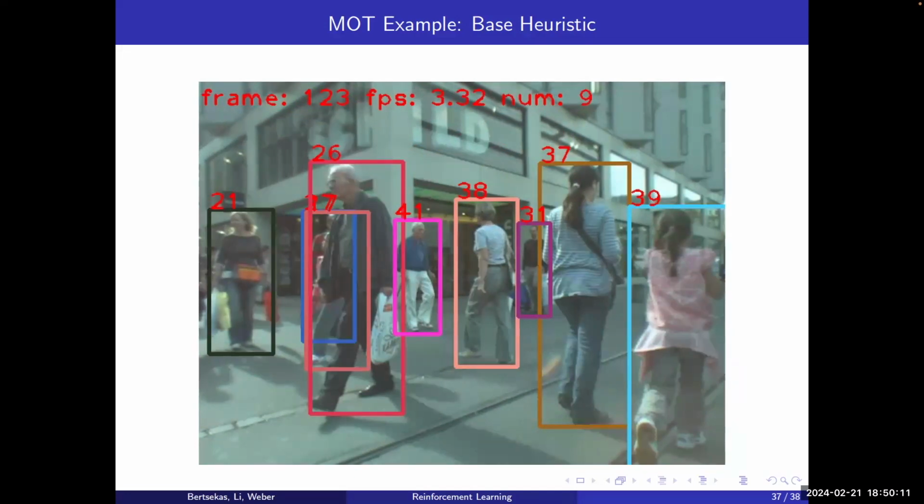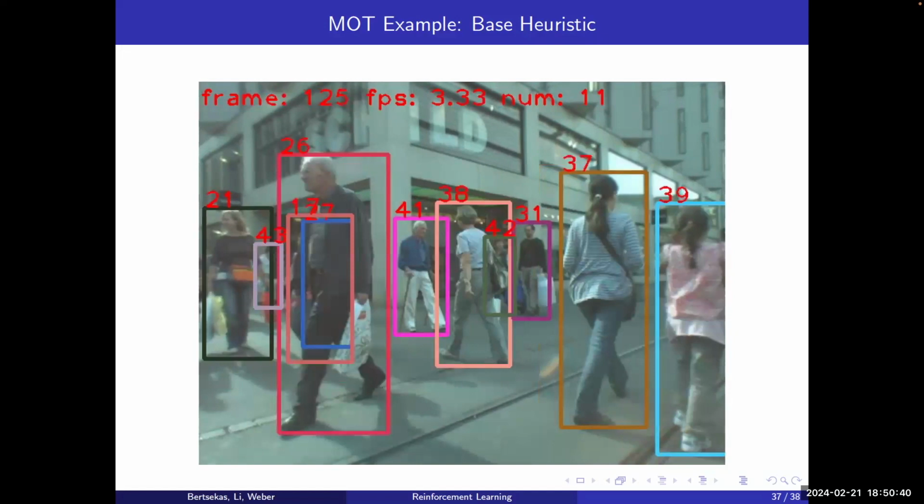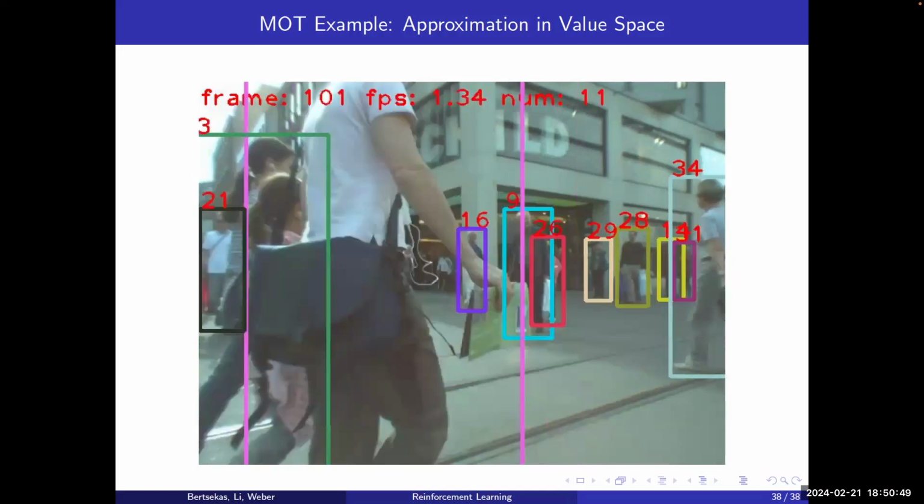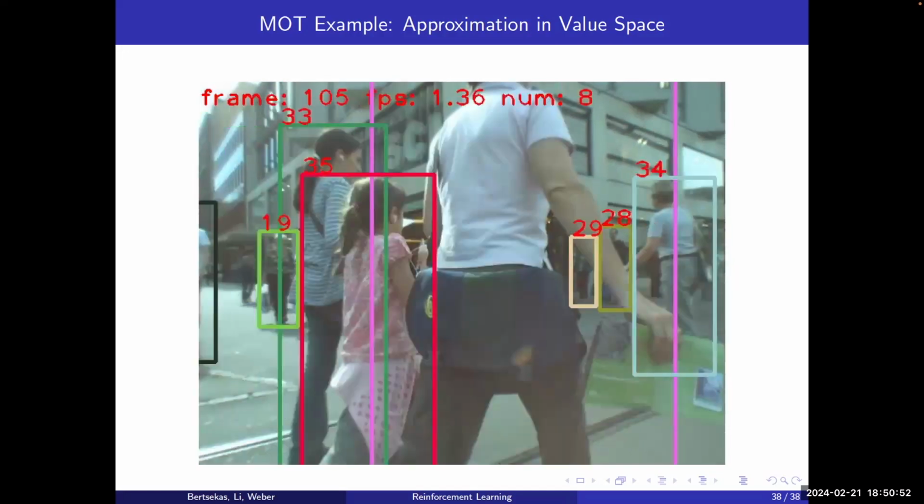But typically, for what is known as an online algorithm, they only deal with one incoming frame, comparing the similarity between a given frame and this incoming frame in order to do the matching. In some rare cases, they also use the historical frames, but they don't use the future frames in the same way we do. So clearly, in this case, it fails. Now let's look at our method, approximation in value space. It's still 16. Okay, let's pause at this moment.